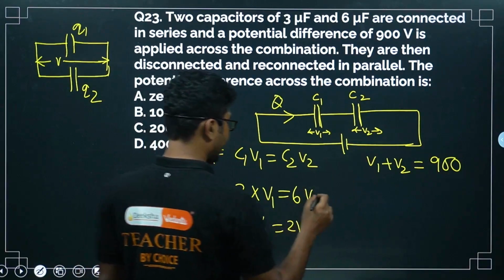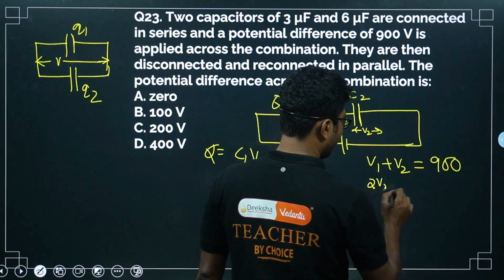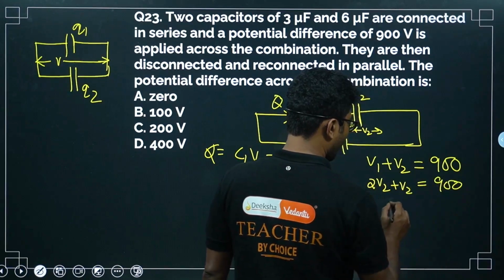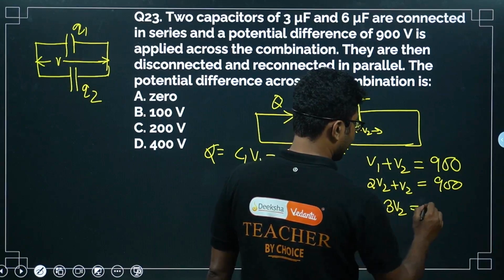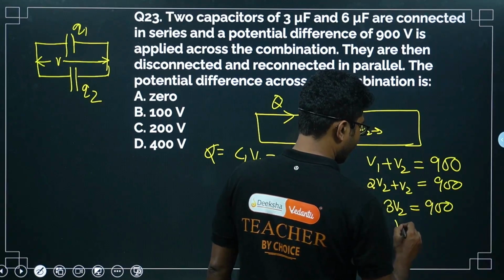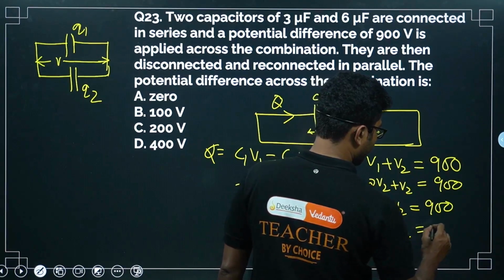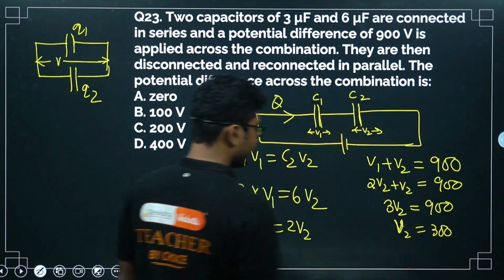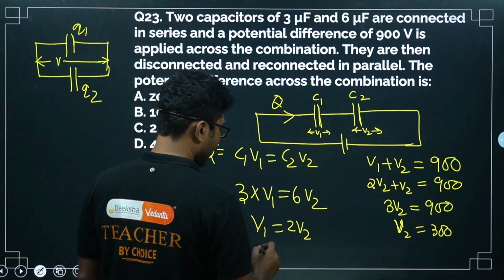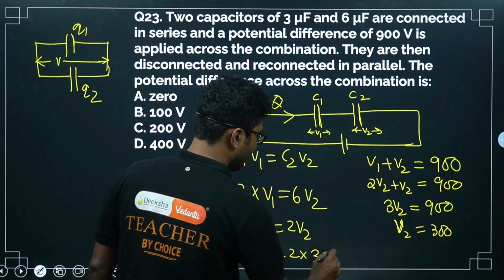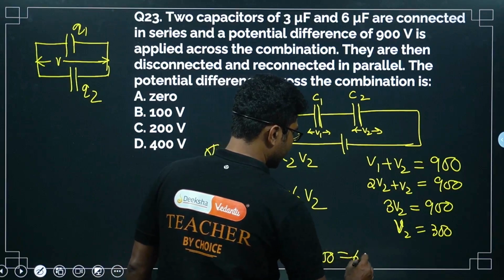Now put this value here: 2V2 plus V2 equals 900, or 3V2 is 900, or V2 is 300. So if V2 is 300, V1 is 2 times 300, that is 600.